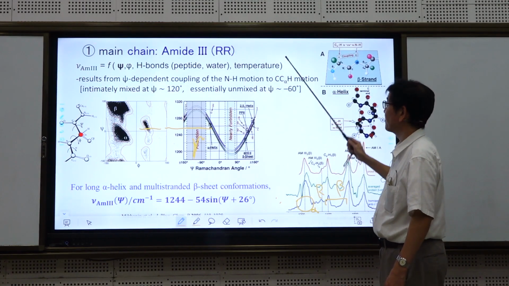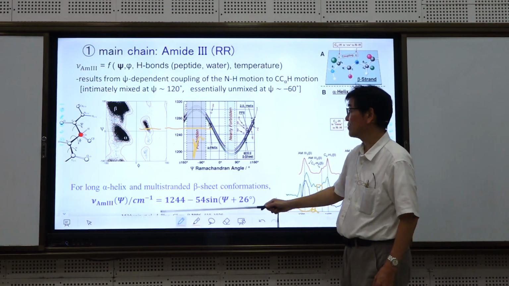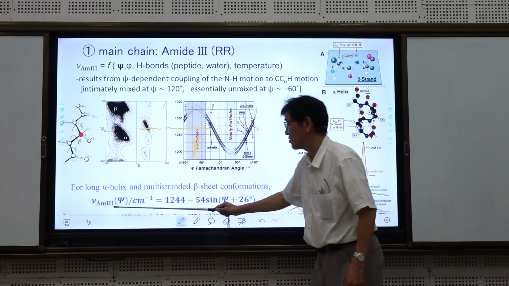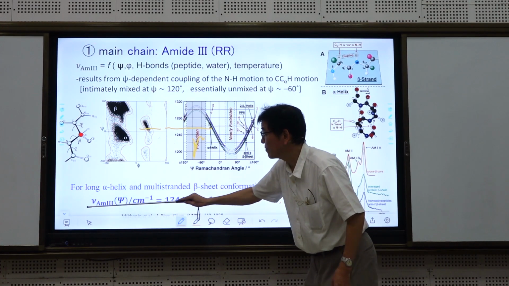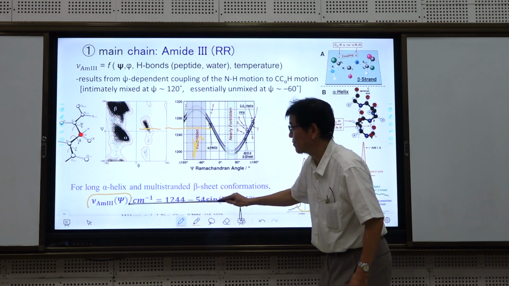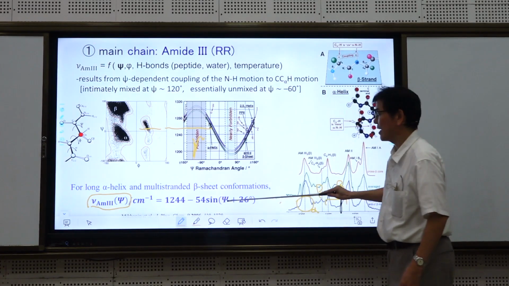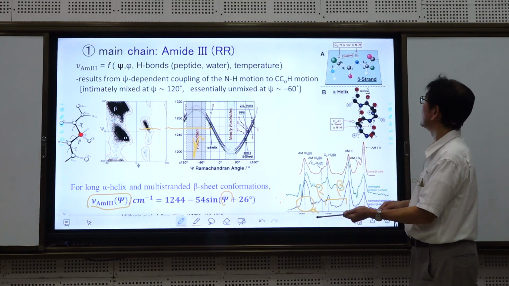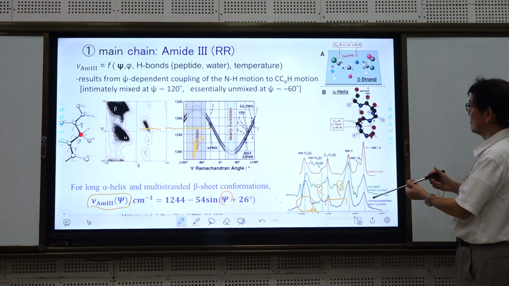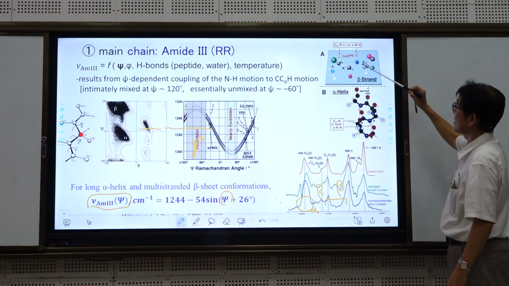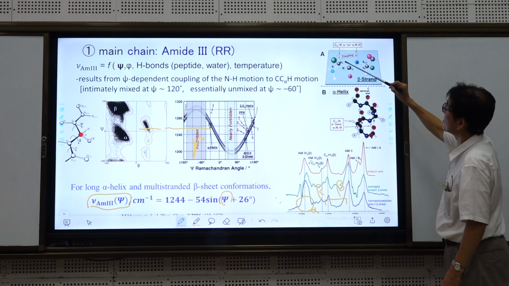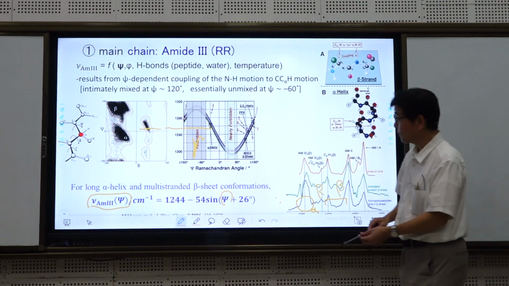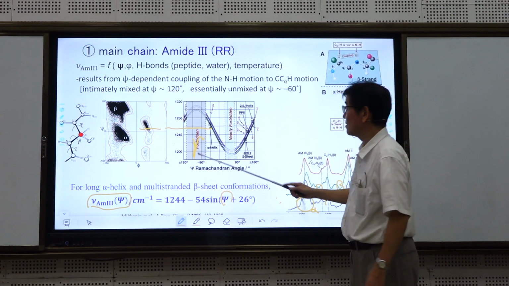By detailed analysis, they derived a quantitative relationship between the amide 3 peak position and the dihedral angle psi. Psi is the dihedral angle at the C-terminal site.